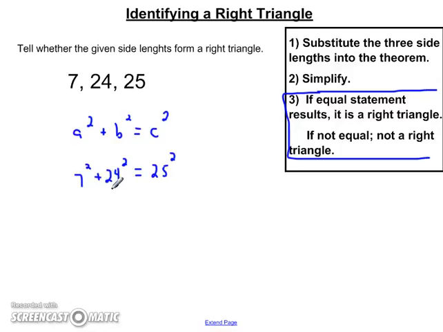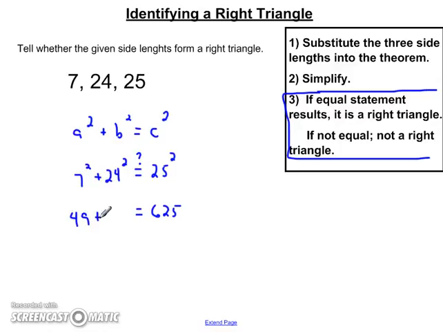Okay, so now we're simply going to do the math. And what we want to see is 7 squared plus 24 squared, is that equal to 25 squared? By the way, 25 squared off the top of my head is 625. 7 squared is 49. Now, in any of this, if you need a calculator to do any of the math, that's fine.